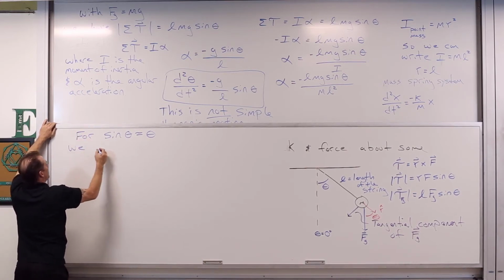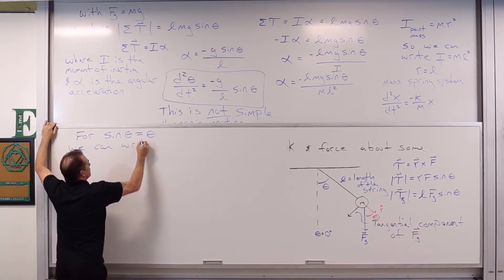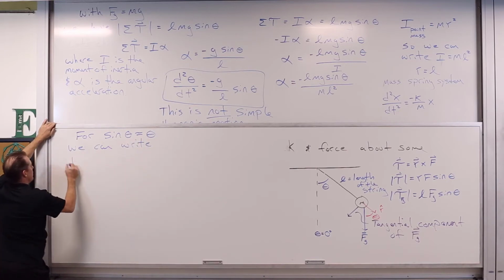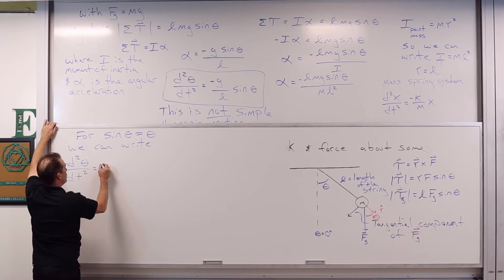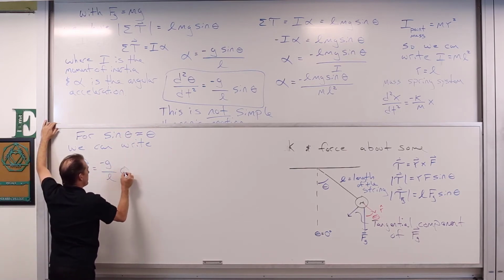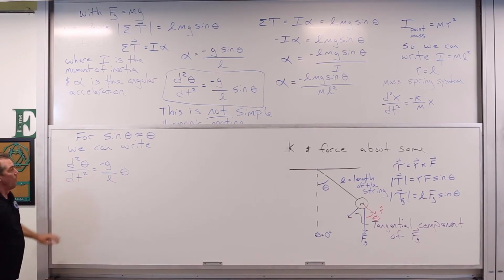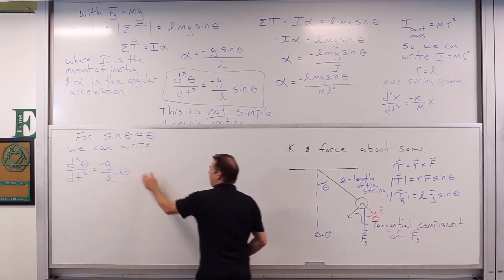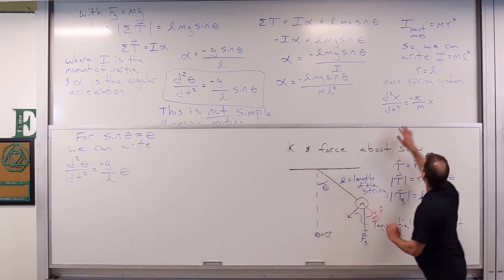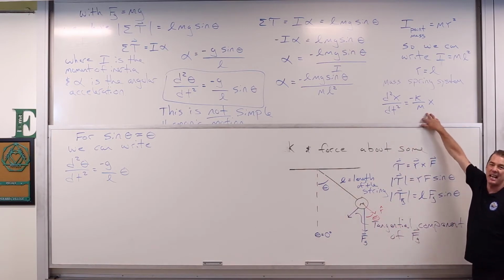We can write that d squared theta dt squared is equal to negative g over L times theta. Well, look at this. If we can use that small angle approximation, we get something that's in the exact same form.